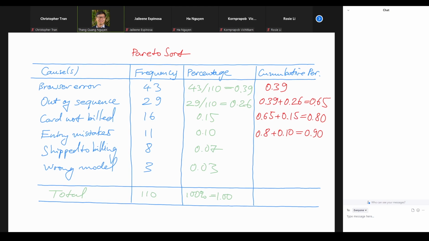Okay, and then if we try harder, make the fifth step, then we will cover 97% of the problems. And finally, if we go all the way to the last step, then we cover 0.97 plus 0.03, which will be exactly 1.0, which also means that we cover all problems, right? 100% of the problems.